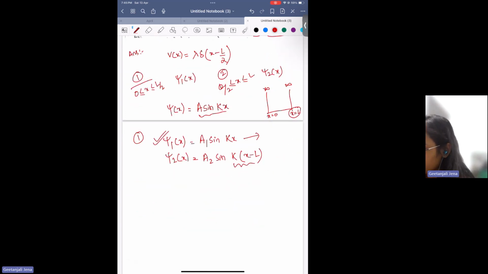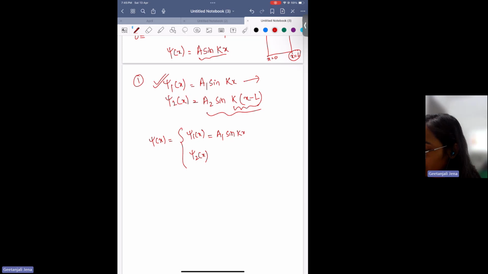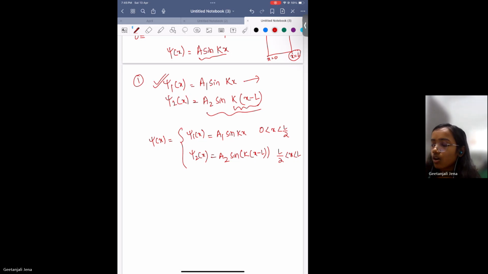That's why I have taken k(x minus L) so that when x equal to L, this term vanishes. So the wave function psi of x is A1 sin kx for 0 < x < L/2, and A2 sin k(x minus L) for L/2 < x < L. So we got the wave function.